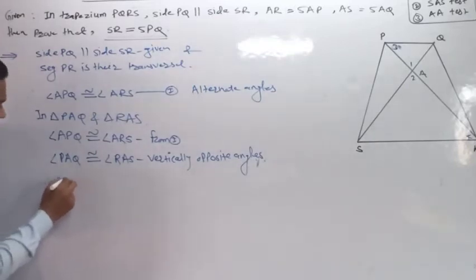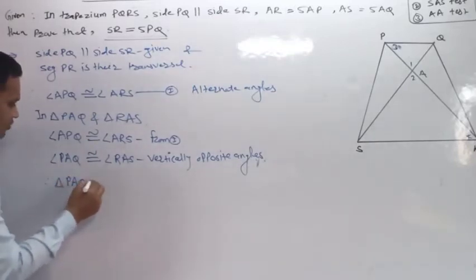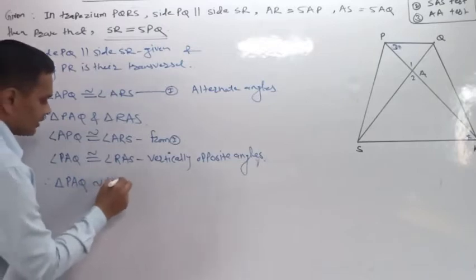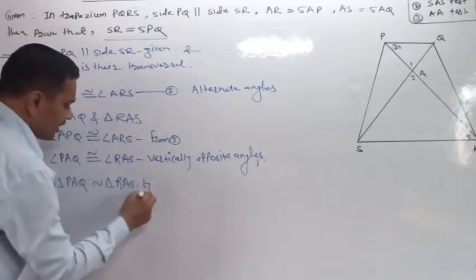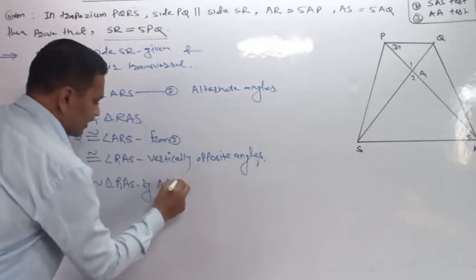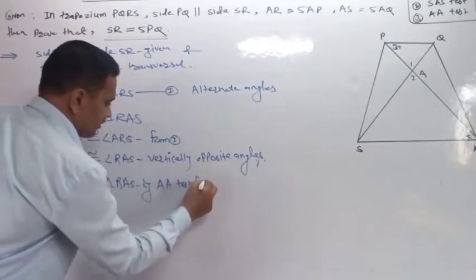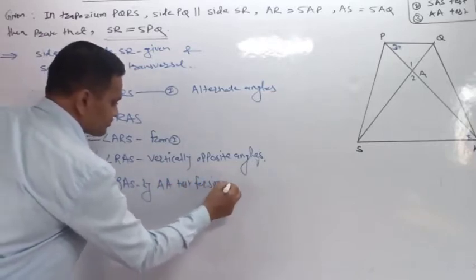Therefore, triangle PAQ is similar to triangle RAS by the double A test for similarity.